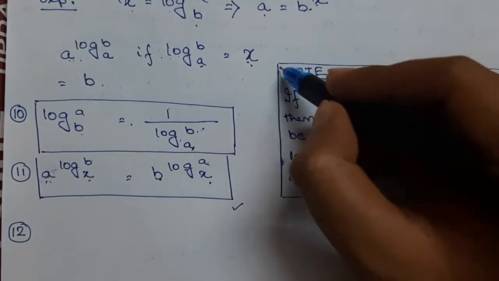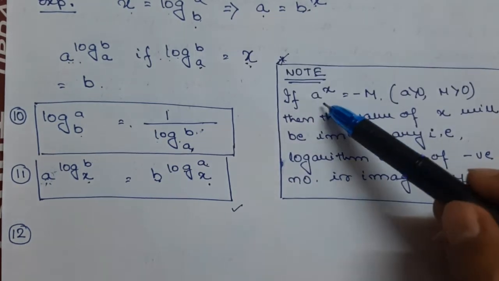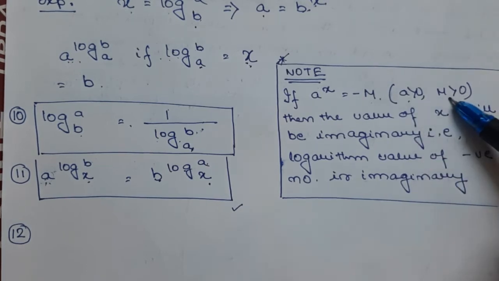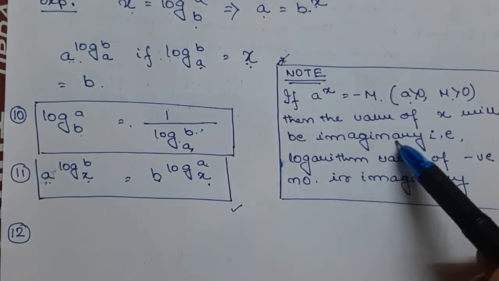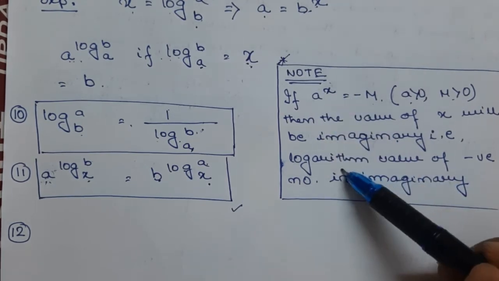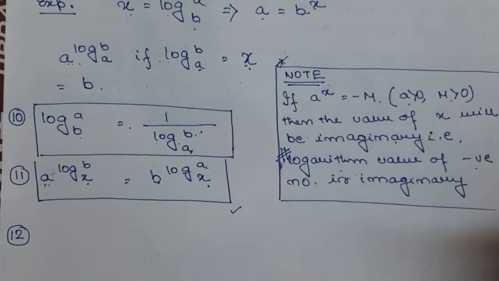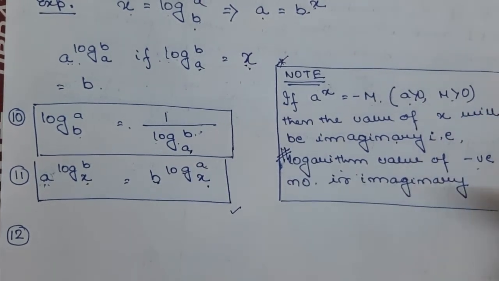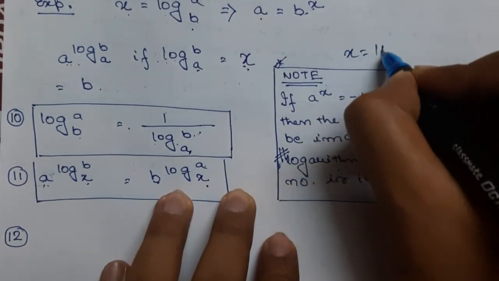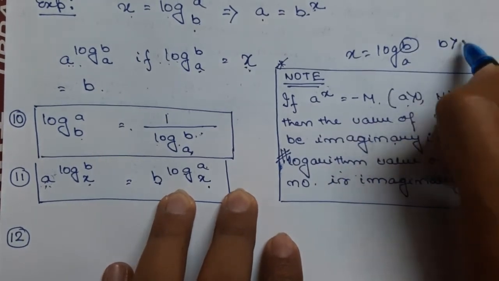Now here I have given a note. Let us see what the note is. Suppose a to the power x is equal to minus m, where a is greater than 0 and m is greater than 0, then the value of x will be imaginary. Therefore, the logarithm of a negative value is imaginary. That is why, if we take x equal to log b to the base a, we take b greater than 0.